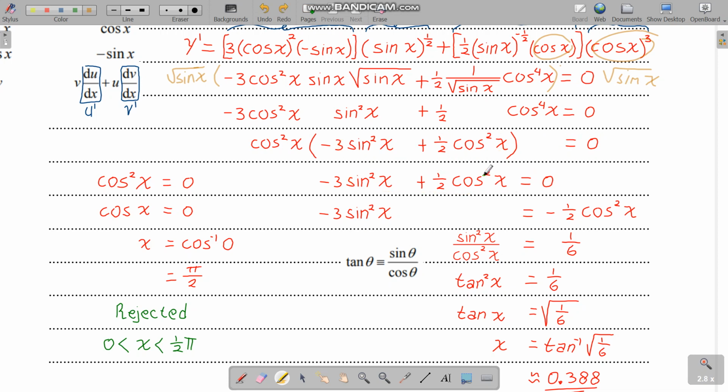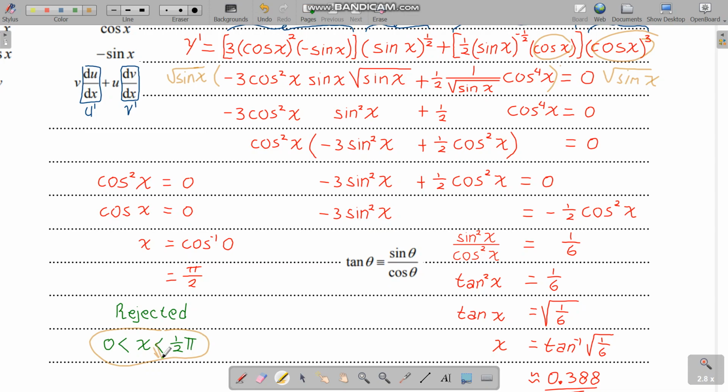Now if cos squared x equals 0, we take the square root of both sides. Cos x equals 0. So to find the x, we use inverse cos. Use a calculator, we get pi over 2. But this is rejected because in the domain, pi over 2 is not included.